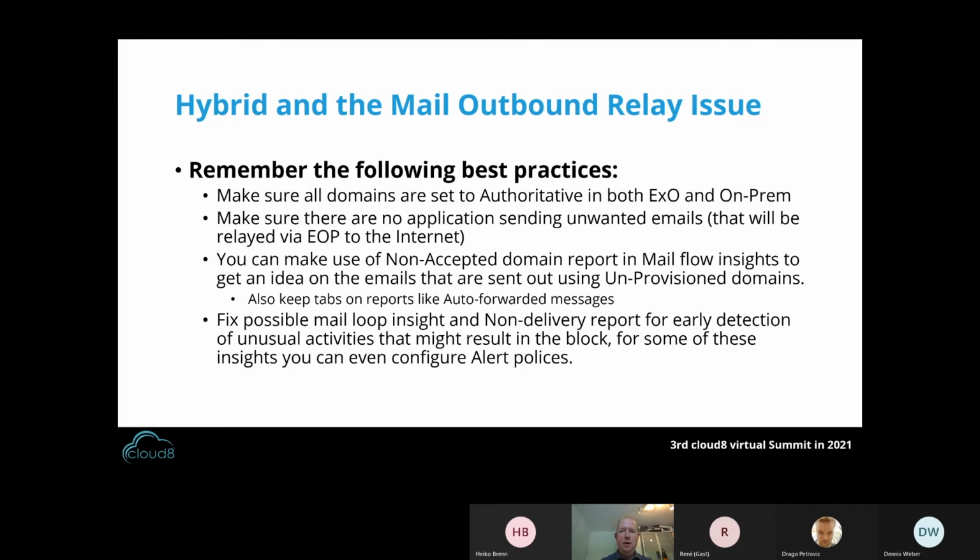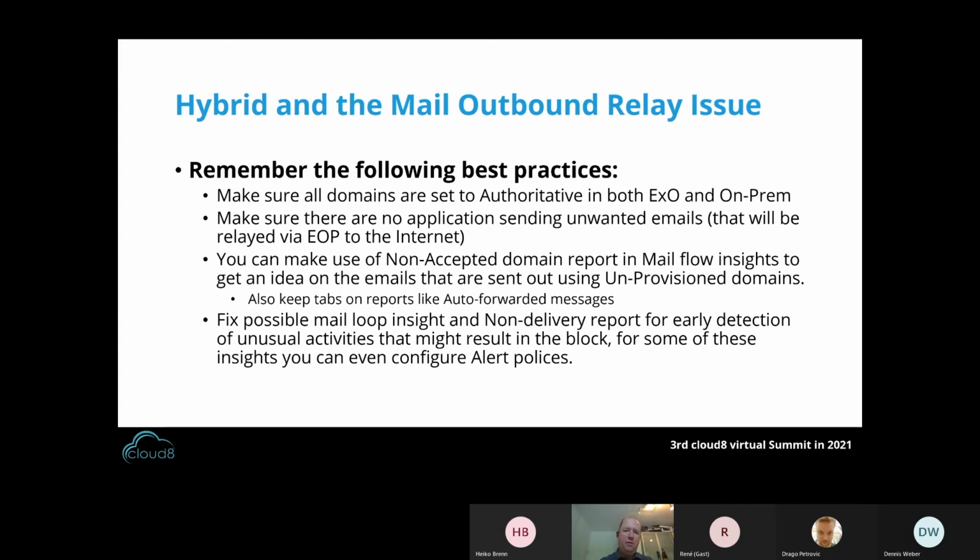Remember, if you're in hybrid and you have certain domains registered on-premises and online, you want to make sure that all domains are set to authoritative in both Exchange Online and on-premises.